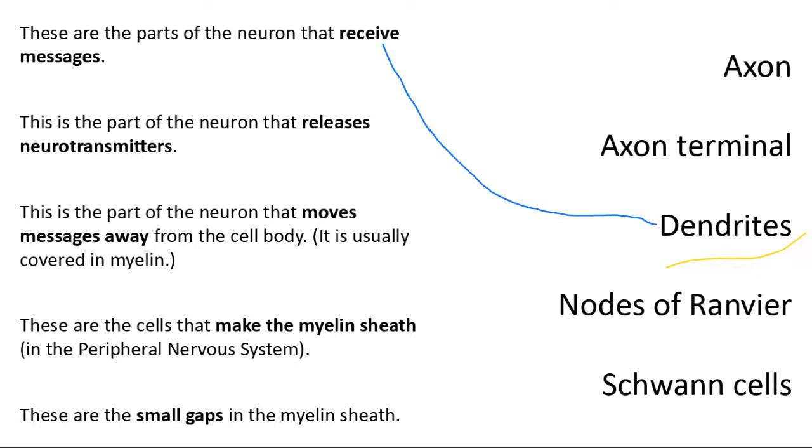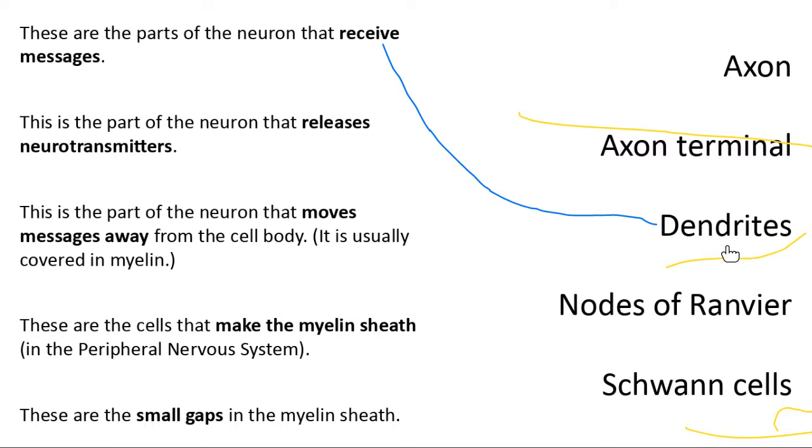And as we get ready to talk more about receiving messages, remember that messages that neurons receive are in the form of chemicals called neurotransmitters. So here's a teaser for us looking ahead. Whenever we talk about the dendrites receiving messages, the dendrites are receiving chemicals.